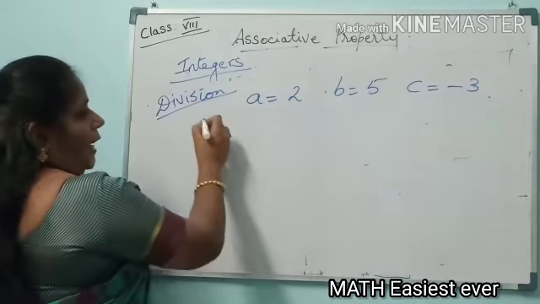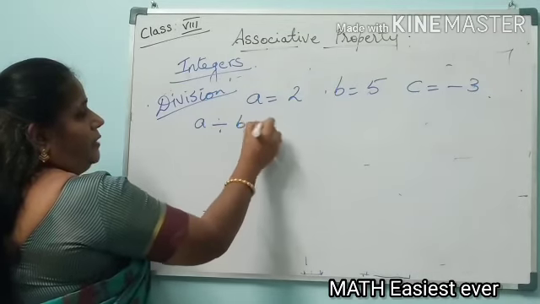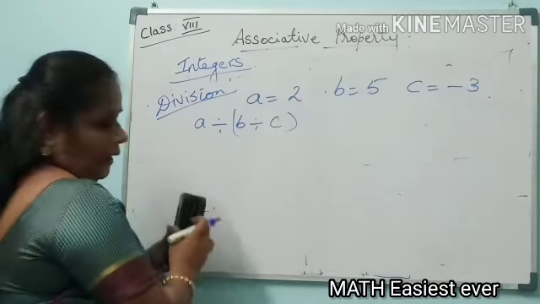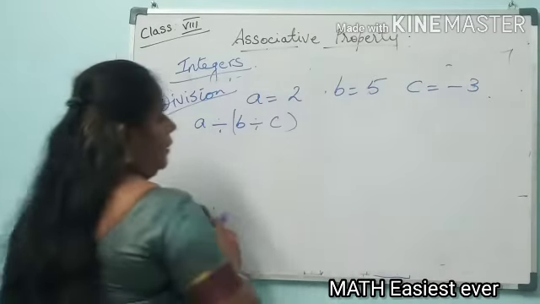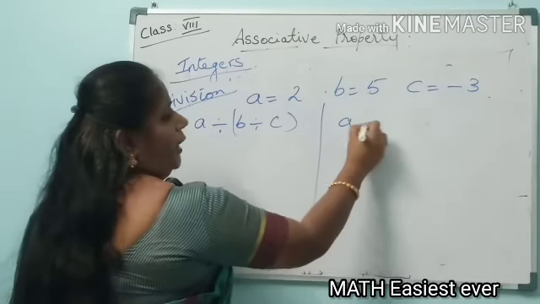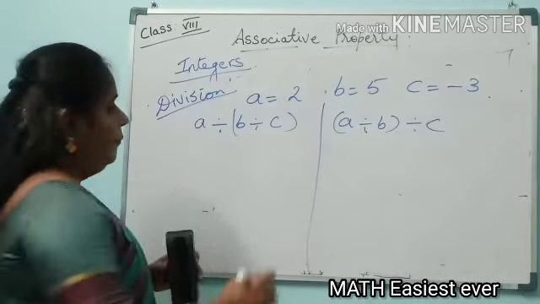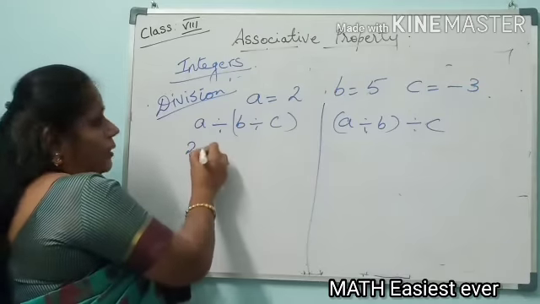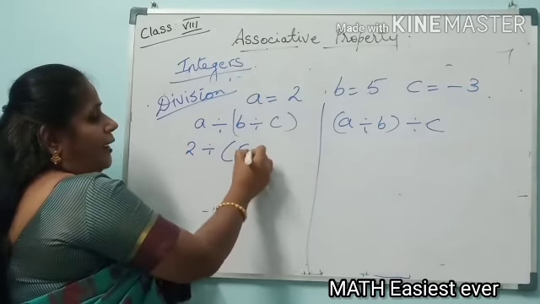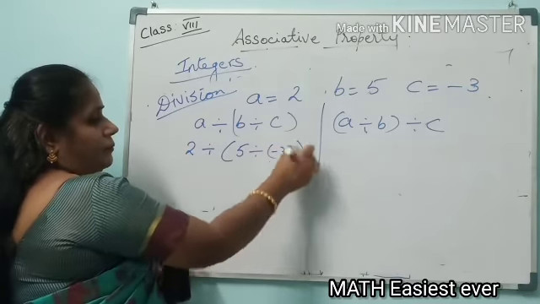So what is A divided by B divided by C? And here we'll do it the other way also. What is A here? 2 divided by 5 divided by minus 3.